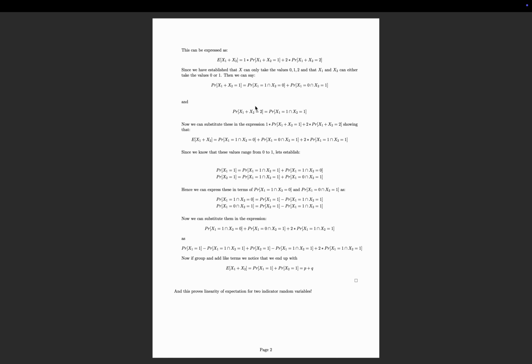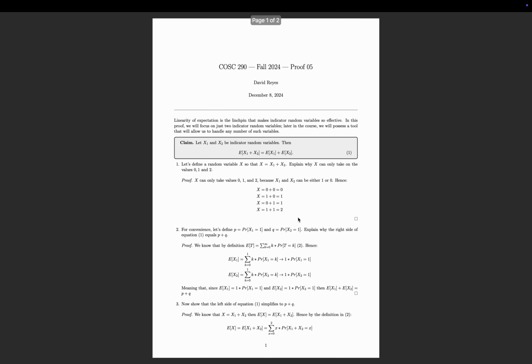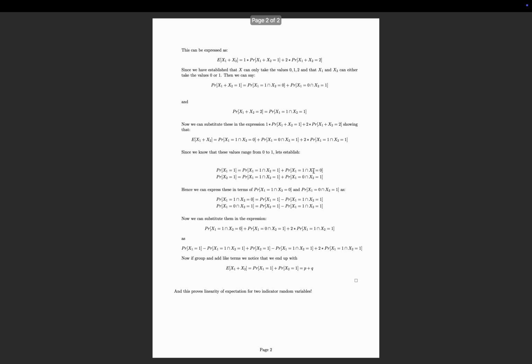And we can also say that for the second term over here, the probability for x1 plus x2 equal to 2 is equal to the probability that both x1 and x2 equal 1. Again, we have established it here, so this is valid as well.